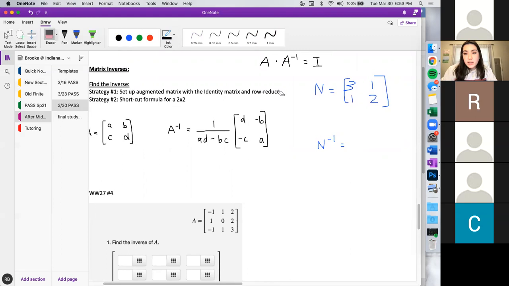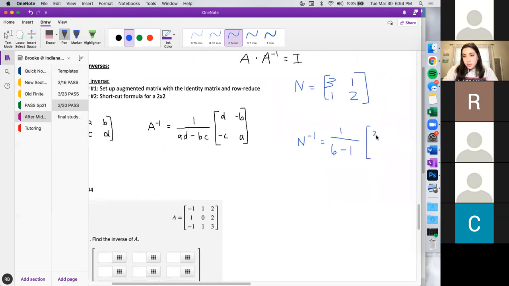So if I wanted to find n inverse, I would take 1 over a times d, 3 times 2 is 6, minus b times c, 1 times 1 is 1. Flip a and d, make b and c negative, and then simplify. So it's going to be 1 over 5 times that guy, and then I would just distribute that 1/5 to get my answer.